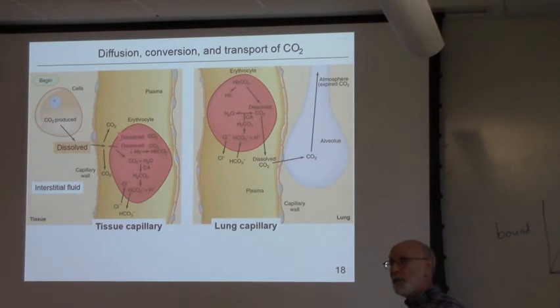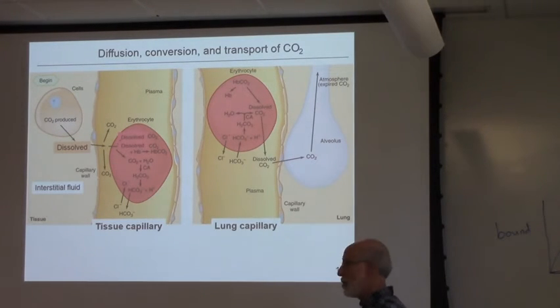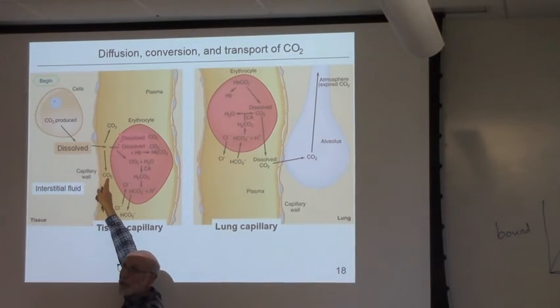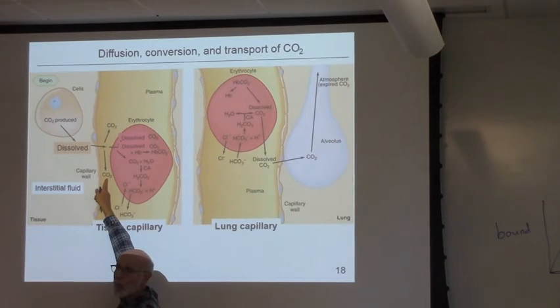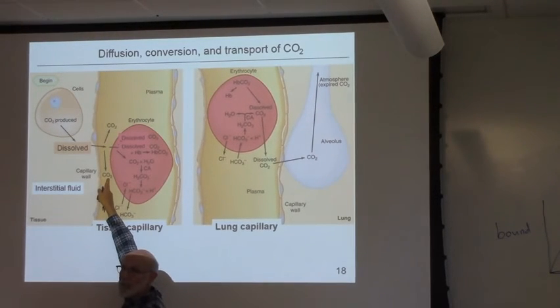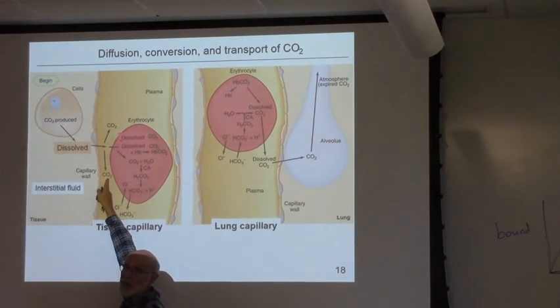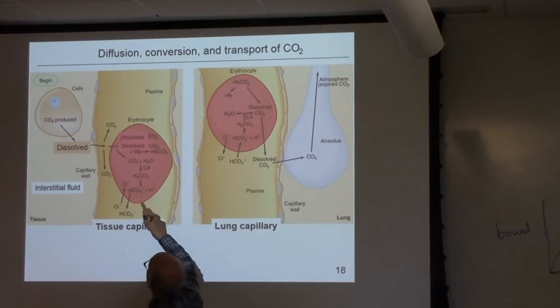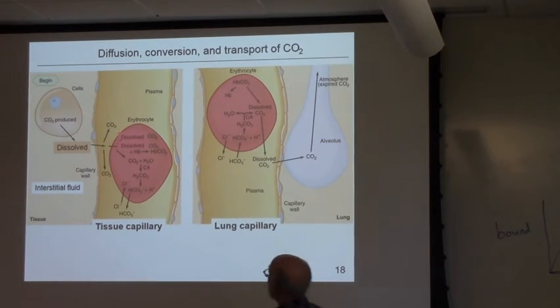The difference between O2 and CO2 is that a substantial amount of the CO2 that your body carries is carried as dissolved CO2. This is not trivial. This is substantial. Dissolved CO2 in the blood plasma. Remember, it's 40 millimeters of mercury. Okay.